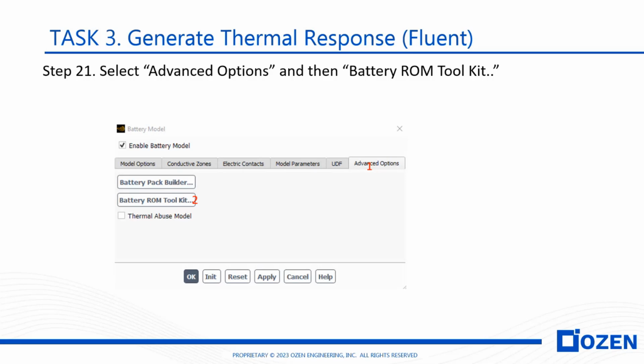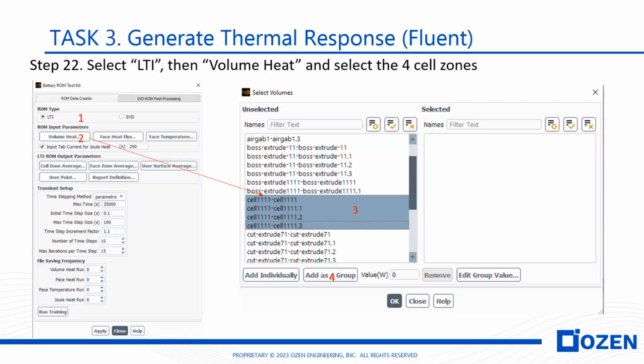So this wizard is going to guide us on how to build our thermal response in Fluent. So, we go to the RAM data creator for reduced order model. We're going to pick the LTI option. And then what we're going to do is select the cells.